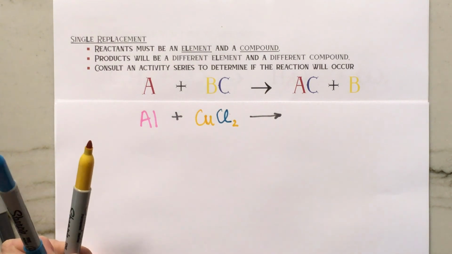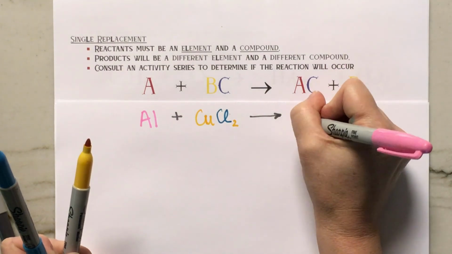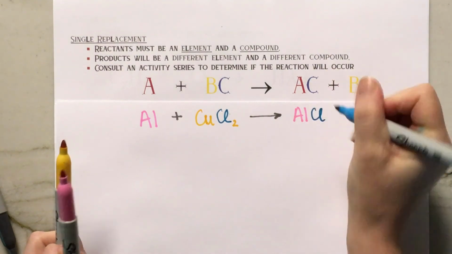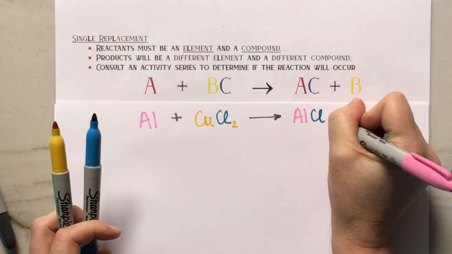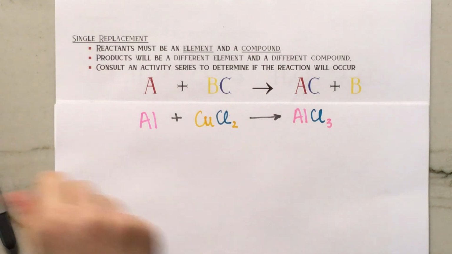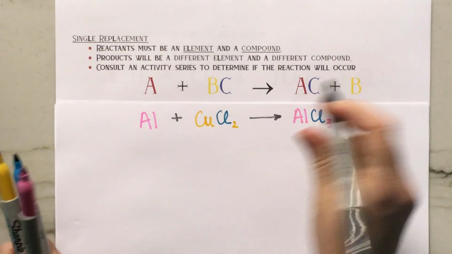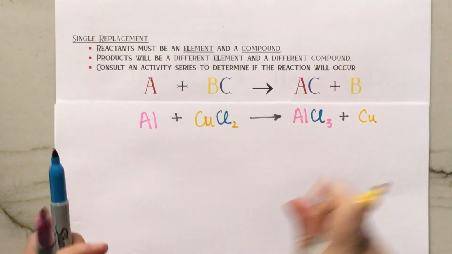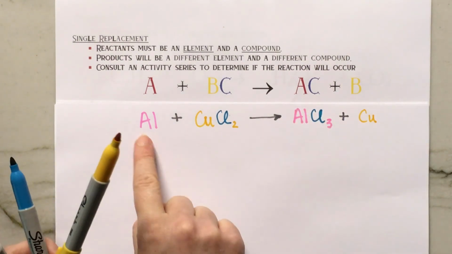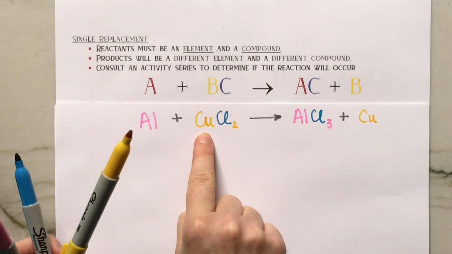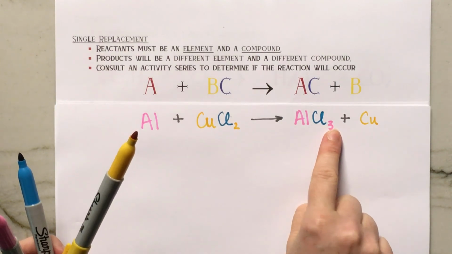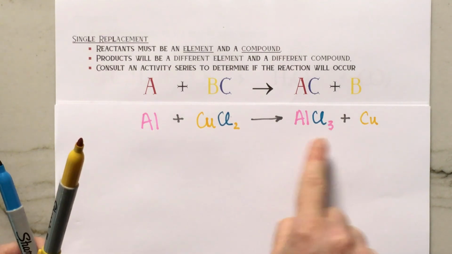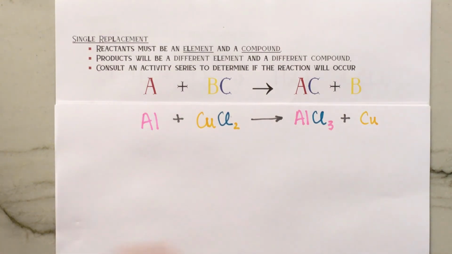So aluminum is going to bond with your chloride, so aluminum chloride and copper. So you see this aluminum kicks out this copper, produces aluminum chloride, and you're left with copper by itself. So that is your single replacement reaction.